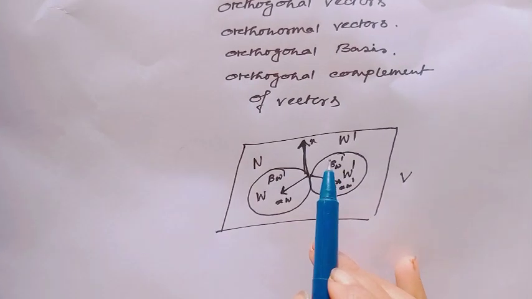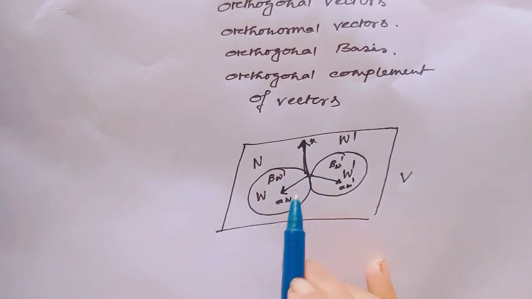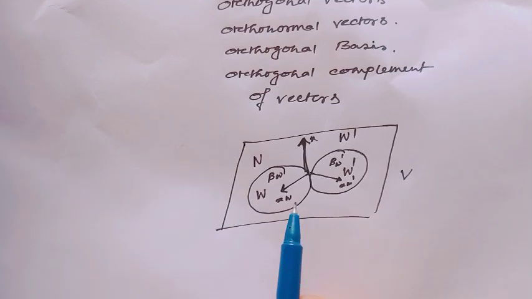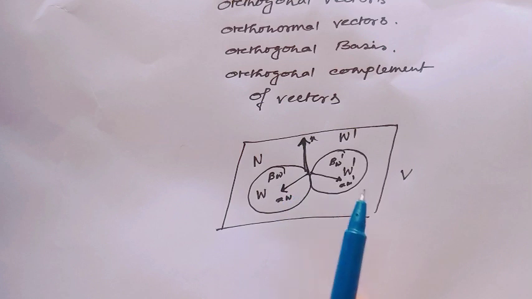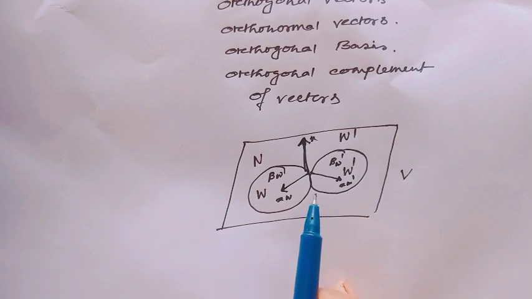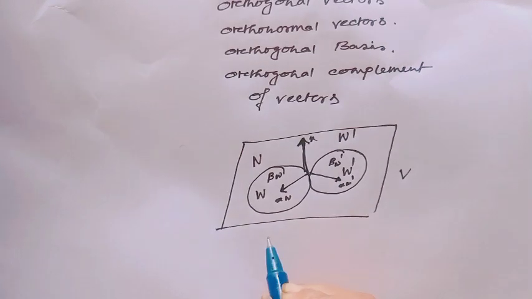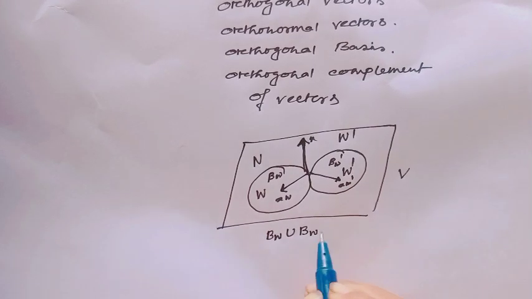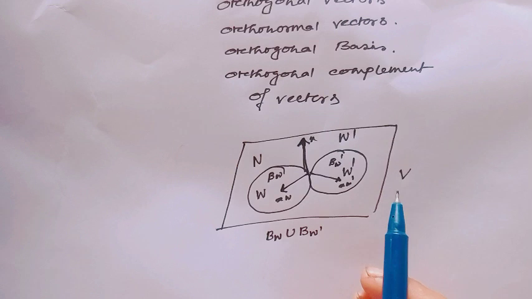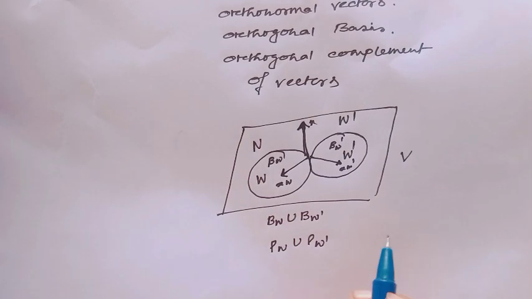Any vector x of the vector space V can be made by the sum of xW plus xW perp, where xW is an element of the subspace W and xW perp is an element of the complement of this subspace W. Any basis of the vector space can be written as the basis of W union the basis of W perp, where W perp is the orthogonal complement of the subspace W.